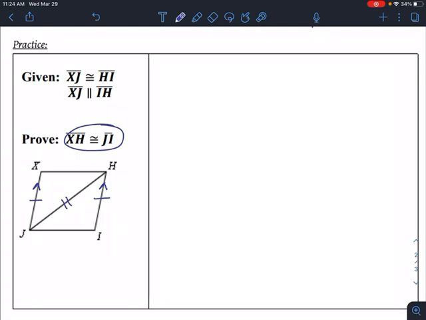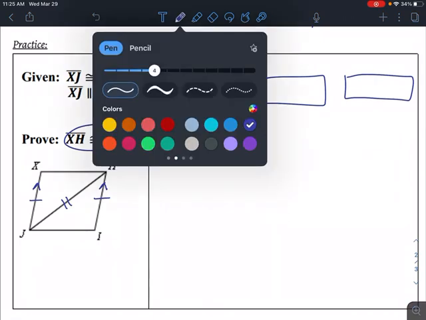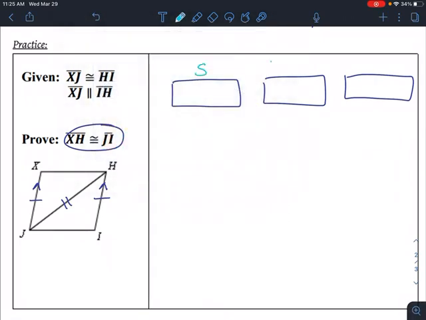So we're actually going to use the side angle side property, and you'll see why in just a moment. I have SAS for side angle side. I am given XJ is congruent to HI. For my other side, we already identified that they share a side, so HJ is congruent to HJ by the reflexive property.